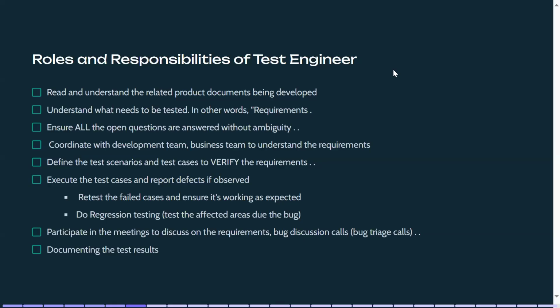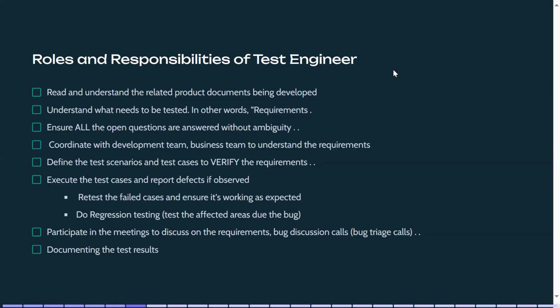Continuous improvement. You have to improve yourself, review your test process and methodologies to enhance your testing effectiveness, and also stay updated with the latest testing tools and the latest industry best practices.